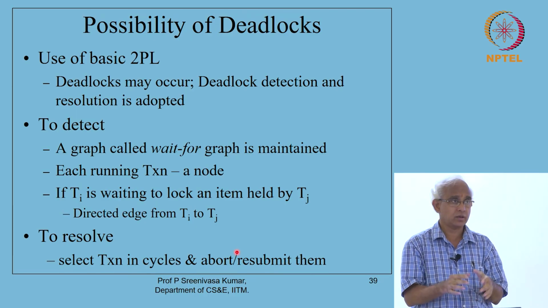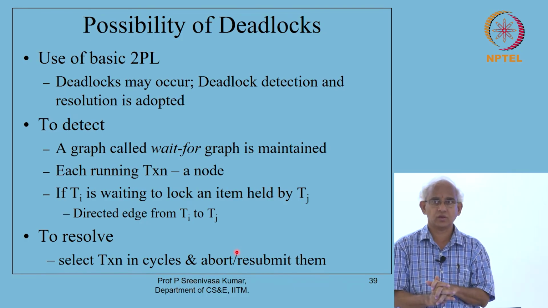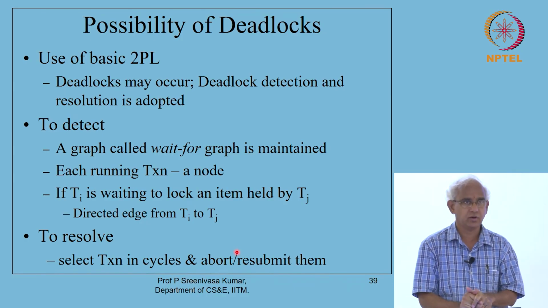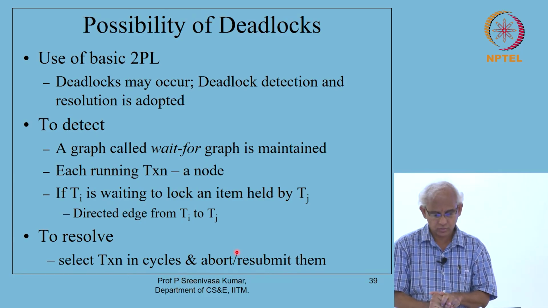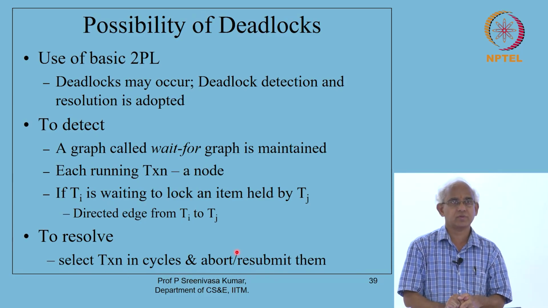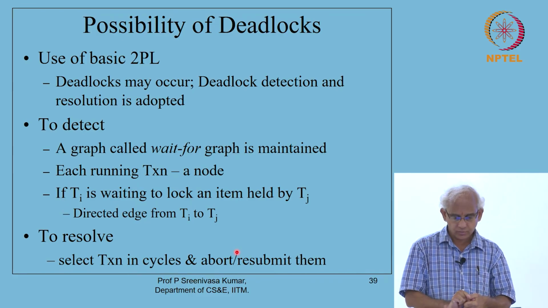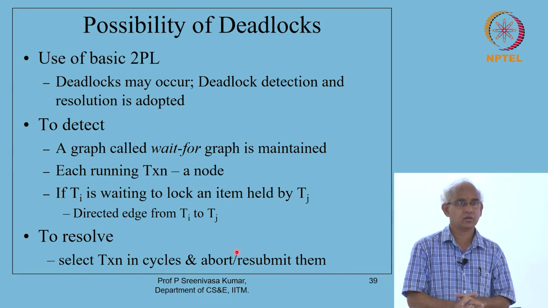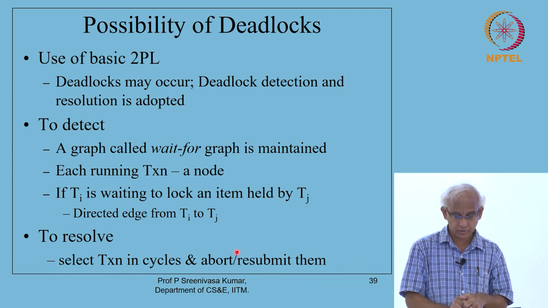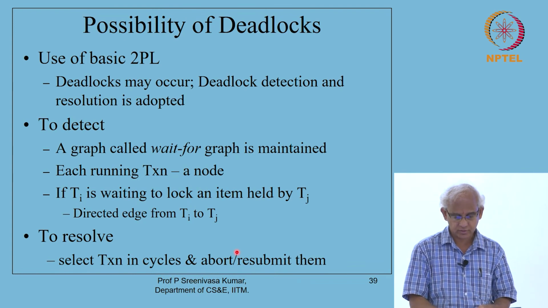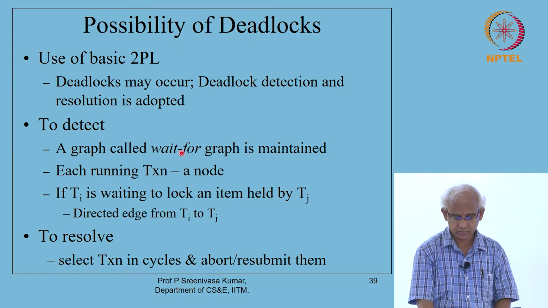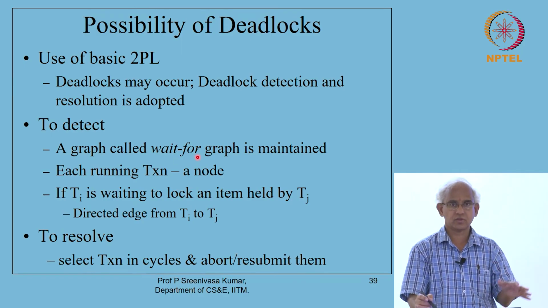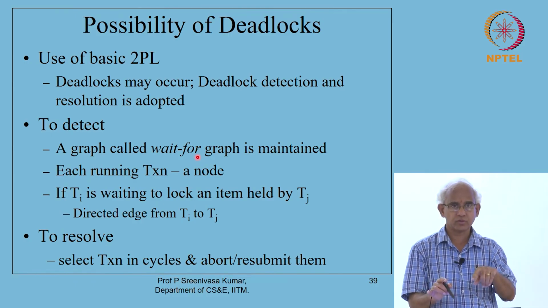Now, as you know, if you use locks, there is also a possibility of deadlocks. So what normally is done in database systems is deadlock detection and resolution. You can construct a wait-for graph, as the transaction processing subsystem admits transactions and keeps checking who is waiting for whom.